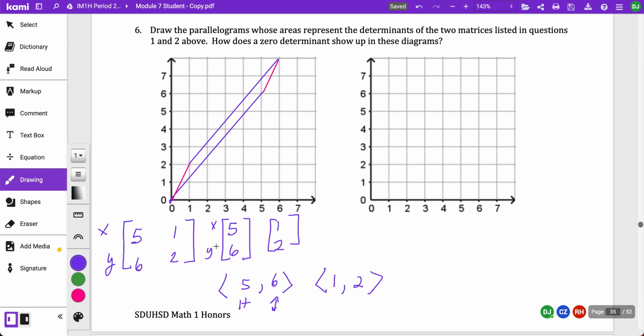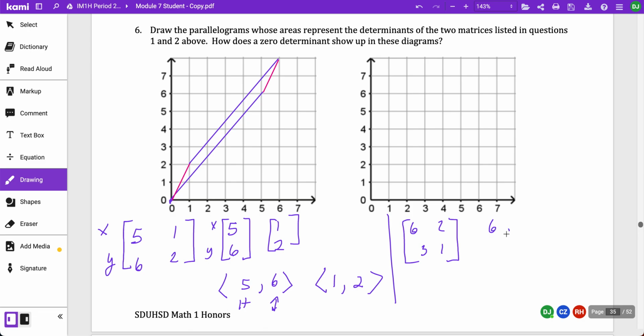Now let's see what happens over here. If I were to draw it, the other one was 6, 2, 3, 1. And going a little quicker, this would be 6, 3. This would be 2, 1.